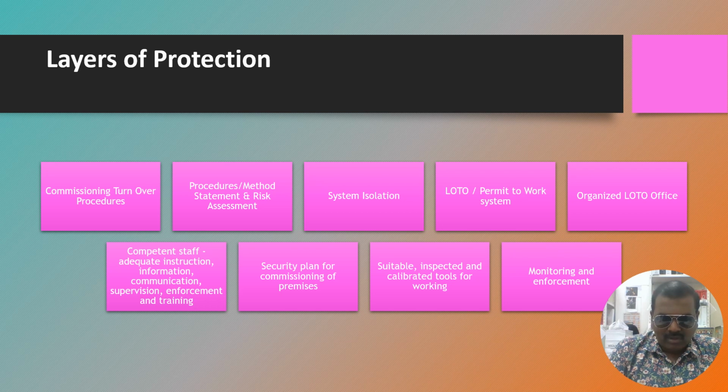So the permit receiver, or the engineer, or the clearance holder, whoever it may be, in each and every project there will be different terminologies, whoever it may be should obtain a work permit.